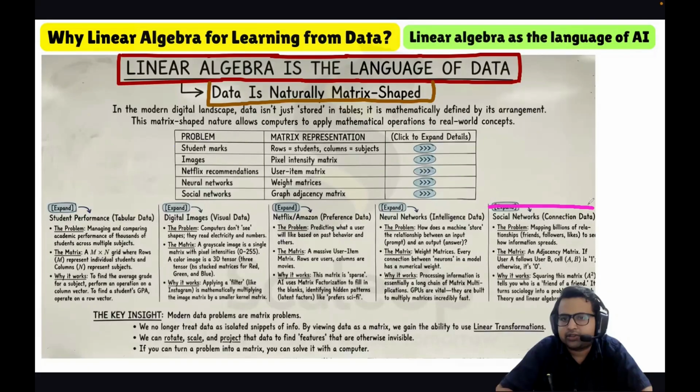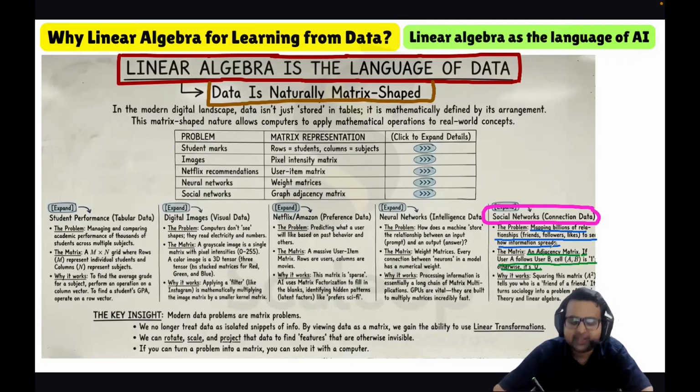Social networks. In social networks, we are dealing with connection data. The problem is mapping billions of relationships, like friends, followers, likes, to see how information spreads. Now if we represent this relationship in the form of an adjacency matrix, like if user A follows user B, cell A comma B is 1, otherwise it is 0.